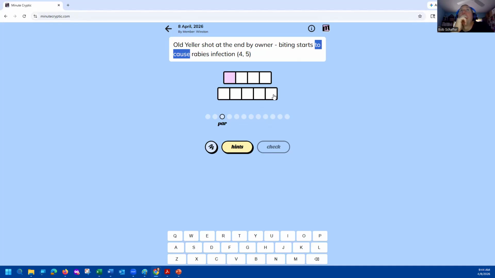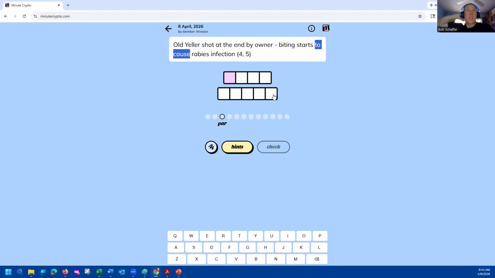Could just Yeller be shot, rearranged? So Yeller rearranged could be, can I get a four-letter word out of that that's not already there?